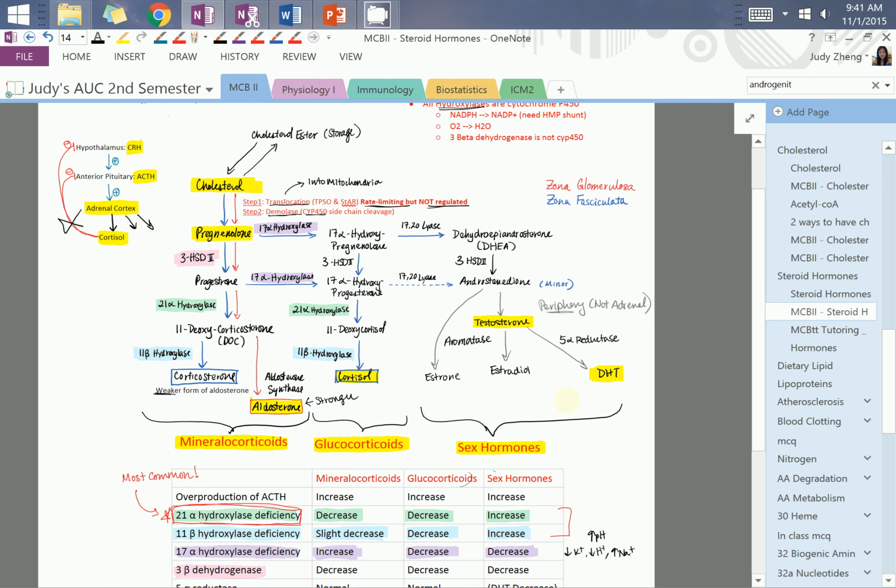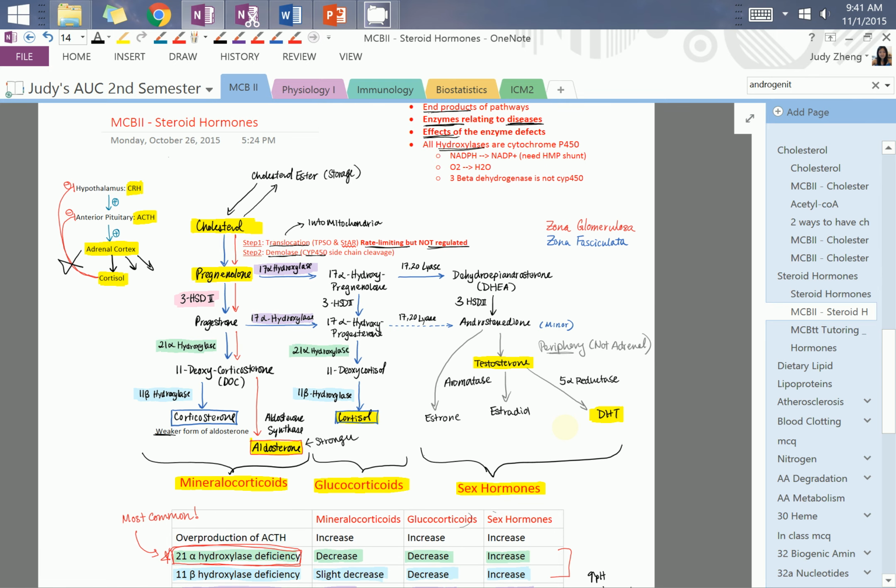So all these hydroxylases are some form of cytochrome P450. And being cytochrome P450, they all use an NADPH, which came from the hexose monophosphate shunt, and they all use an oxygen. And hydroxylase, it gets rid of a hydrogen, so the hydrogen comes off and it gets formed into a water molecule. But 3 beta dehydrogenase is not a cytochrome P450.